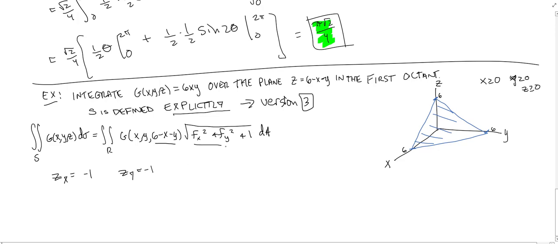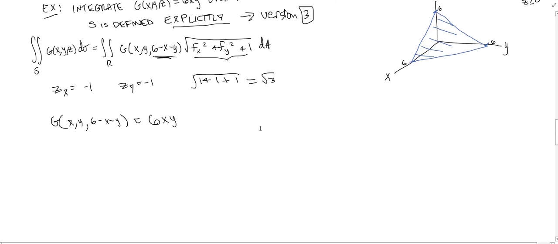And if we plug those in here, we're going to get the square root of 1 plus 1 plus 1, square root of 3. Okay, so that's going to be in our integral. And then our function g of x, y, 6 minus x minus y is just going to be 6xy, because there was nowhere to plug in for z, so we didn't have to do anything with that value there.